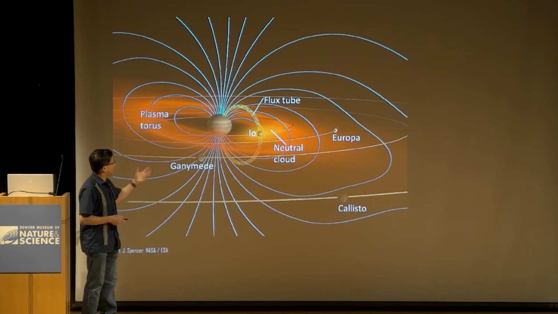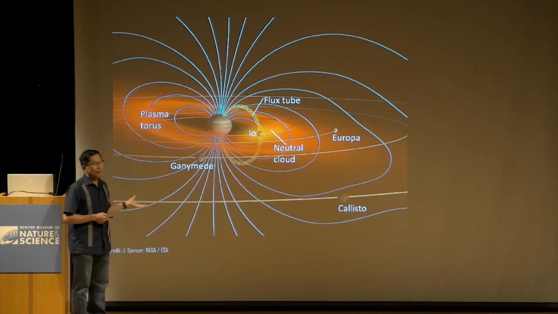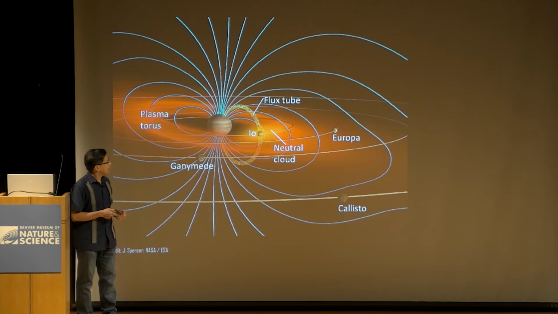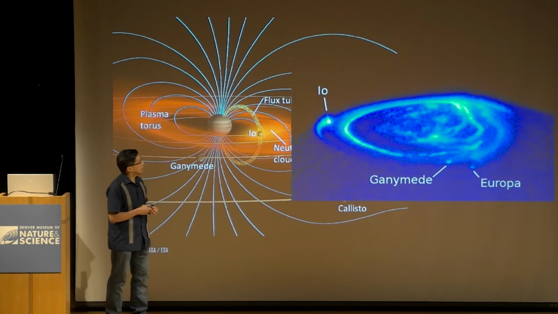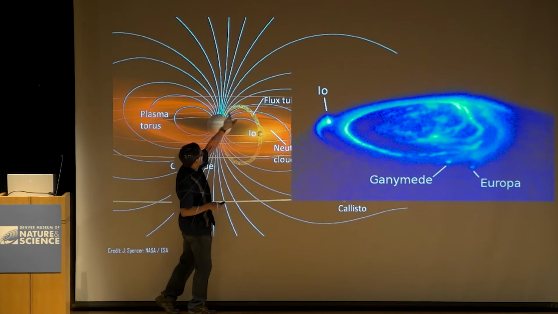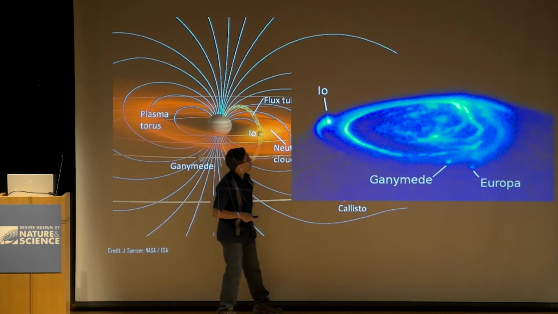And so the Io plasma torus is something that planetary scientists have been observing for many decades now, since the 1980s. Here is an observation showing how this magnetic flux line actually ends up lighting up part of Jupiter's atmosphere.